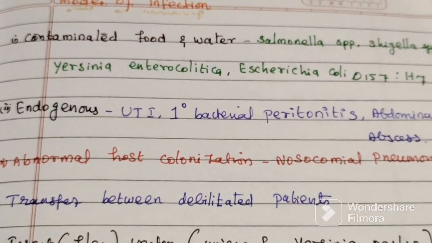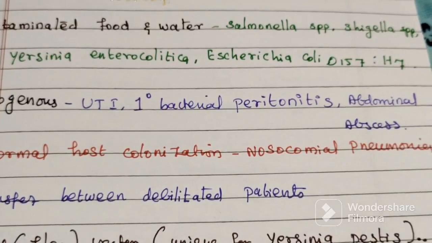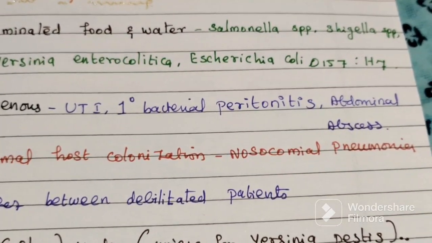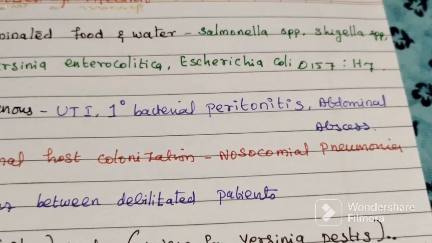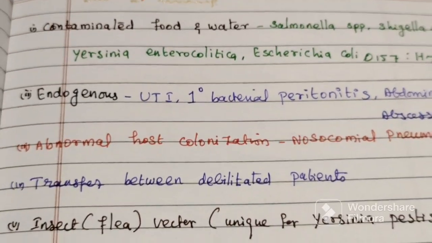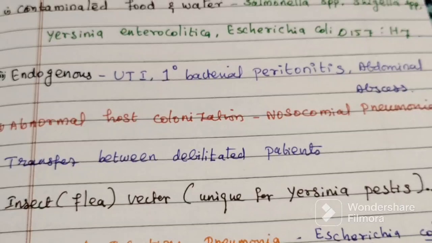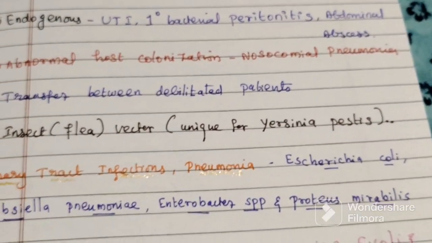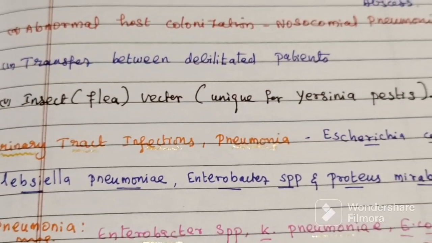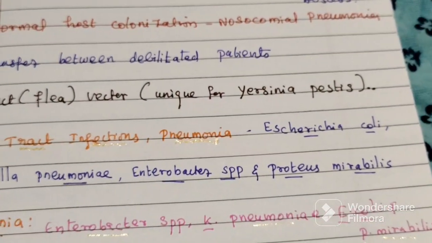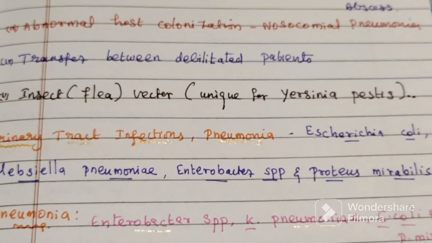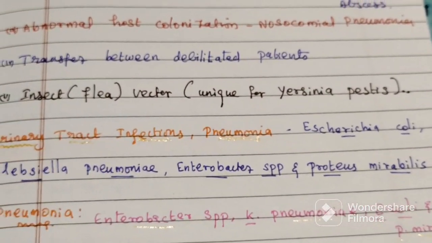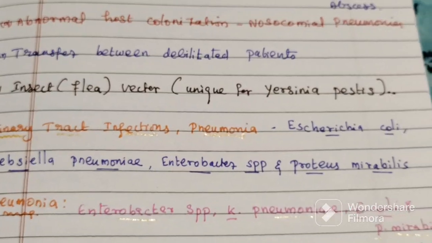Other routes include endogenous infection, primary bacterial peritonitis, abdominal abscess, transfer between debilitated or weakened patients, and insect vectors. Urinary tract infection is caused by Escherichia coli, Klebsiella, Enterobacter, and Proteus mirabilis.